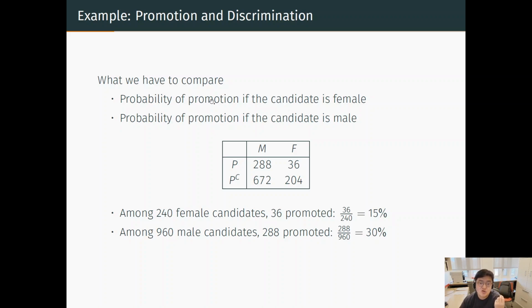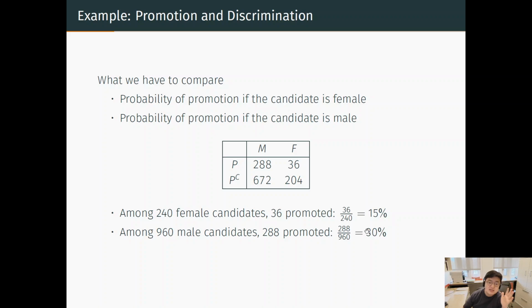We would like to choose a female candidate and calculate their probability of promotion. And we would like to define another experiment where we randomly choose one male candidate and then check if he is promoted, right?